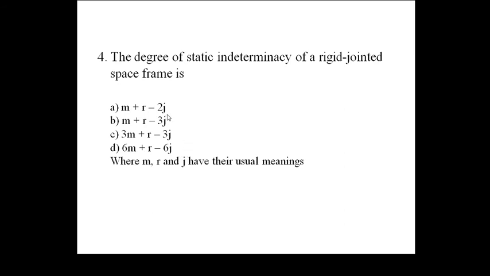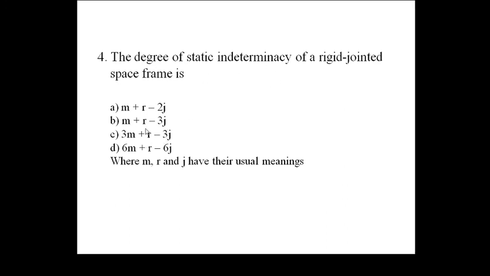Already discussed in the second question, where M, R and J have the usual meaning. M is members, R is the redundance, J is the joints.